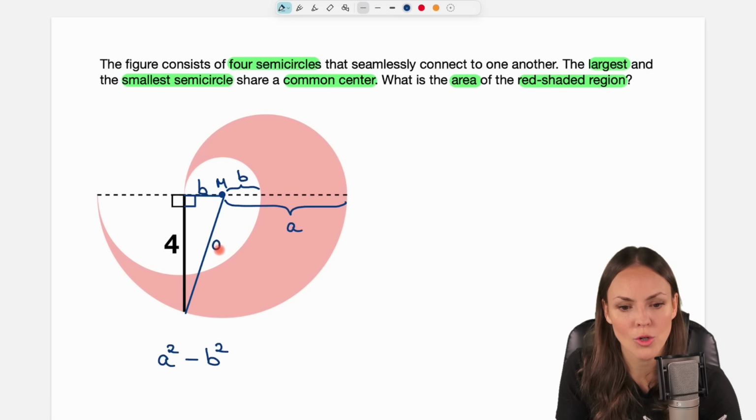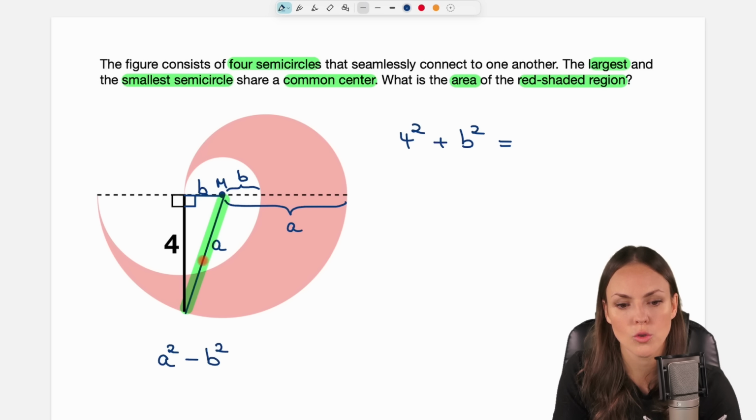First, we have to find the hypotenuse, which is always across the right angle. So this is the hypotenuse. And then the Pythagorean theorem says take one side, so the 4, and square it, plus take the other side and square it, so b squared. And then you get the hypotenuse squared, which is a squared then. Let's solve this equation for a squared minus b squared.